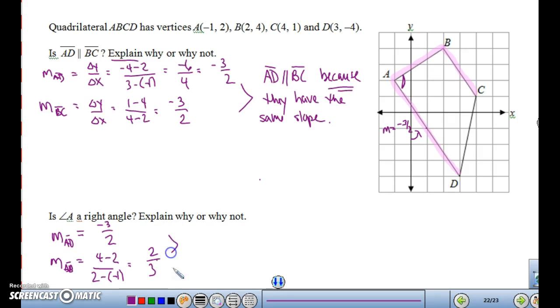Are those opposite reciprocals? Yes, they are. So we can say that AD is perpendicular to AB because they have opposite reciprocal slopes. And that makes angle A a right angle.